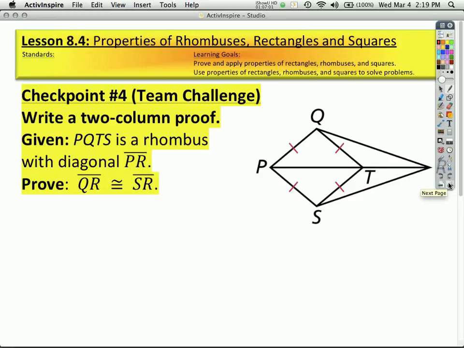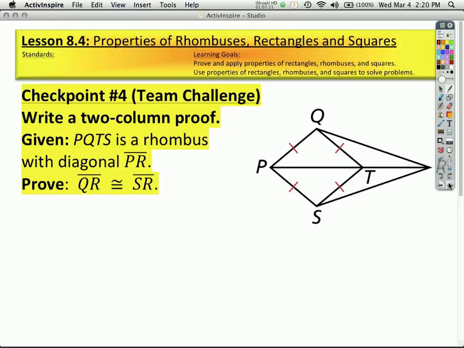So, checkpoint number 4, we're going to finish out with the team challenge. So, write a two-column proof. PQTS is a rhombus with PR, and I know the R is a little bit hidden there, but it'll come back in a second.